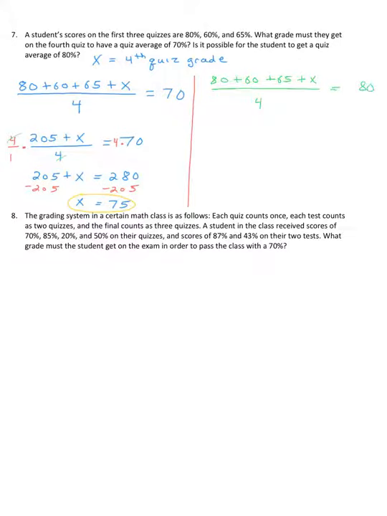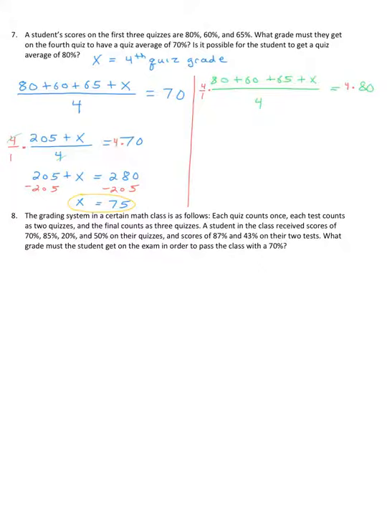The process of solving this is going to be pretty much identical. My first step is going to be to multiply both sides of my equation by 4. You could do that as your first step. But I also know that these 3 quizzes sum to 205. So I'm basically just going to jump down to an equation that looks like this, except I'm multiplying 4 by 80. So let's do that.